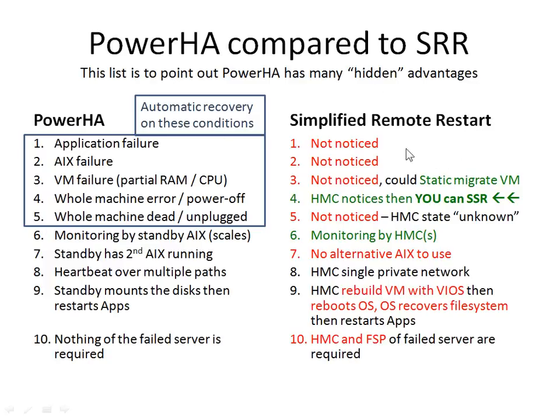In the remote restart case, a lot of these won't actually be noticed. If the VM fails, we could manually do a static partition migration ourselves if we spotted that. The one that it does cover here is number 4. The whole machine has failed and powered off, in which case we get notified that remote restart is possible, and then we can manually go and do that operation.